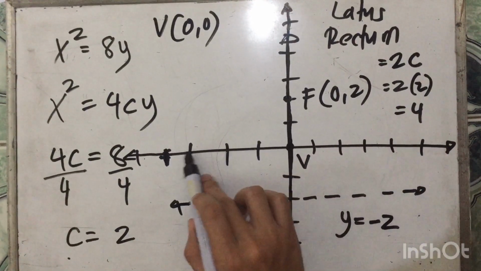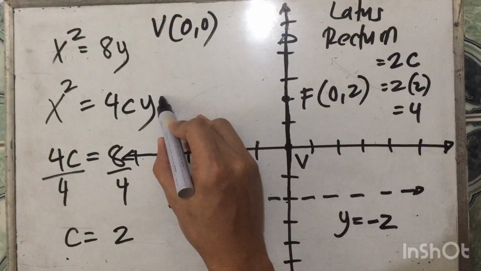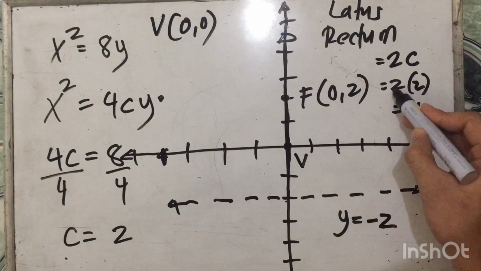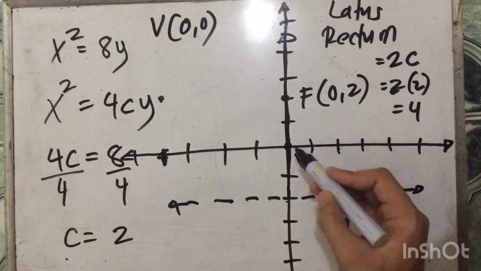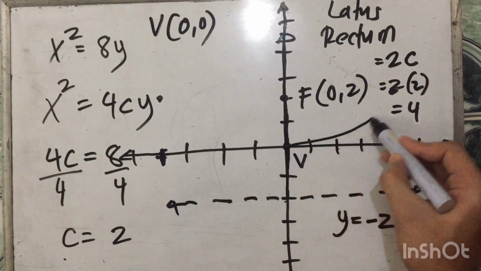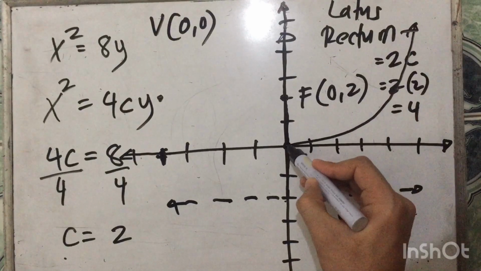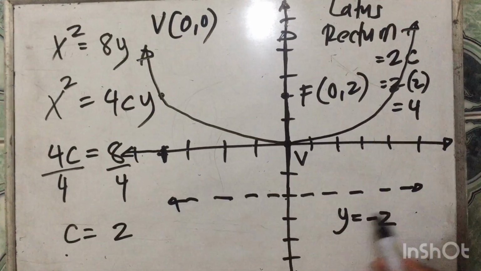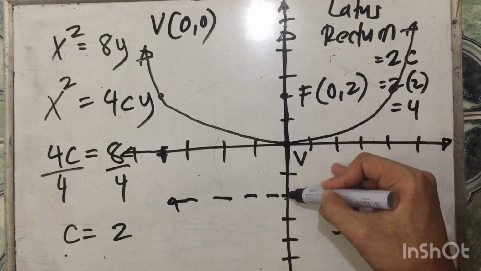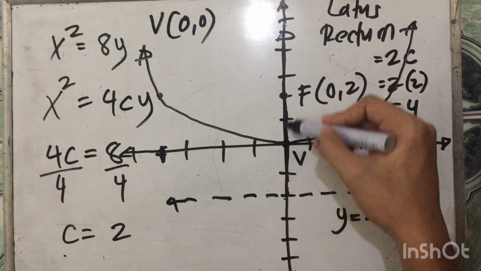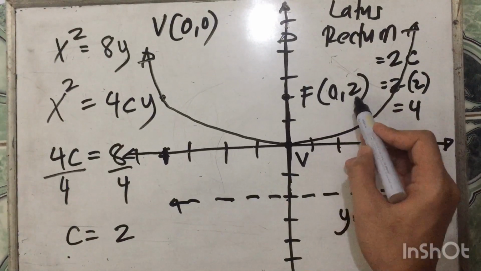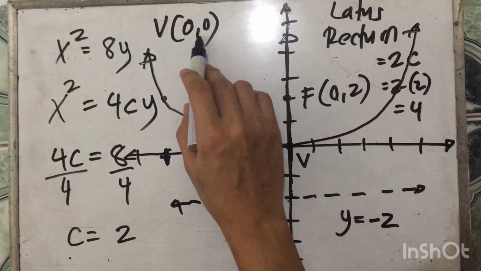So 1, 2, 3, 4, and on this side 1, 2, 3, 4. That means the parabola looks like this. So we have directrix y equals -2. The axis of symmetry is this line, that means x equals 0. The focus is (0, 2). The vertex is (0, 0).